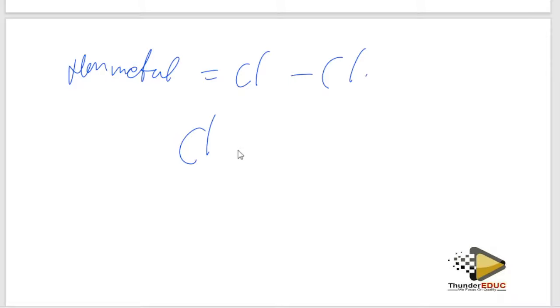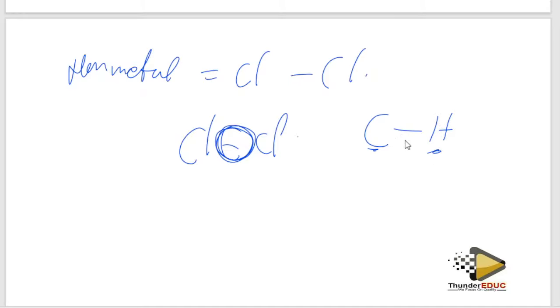We always find it in non-metals, for example chlorine and chlorine. Because one chlorine is a non-metal and the other chlorine is a non-metal, the type of bond formed here we call a covalent bond. Carbon and hydrogen, non-metals, we call it a covalent bond.